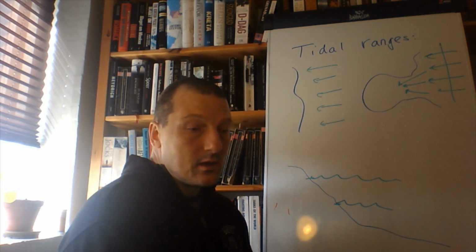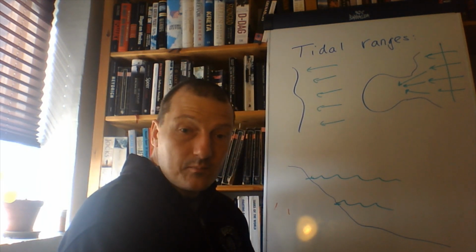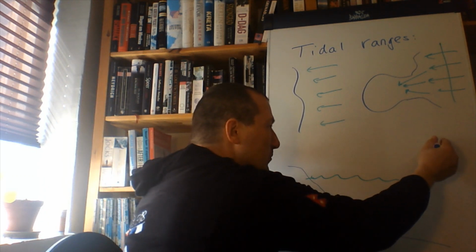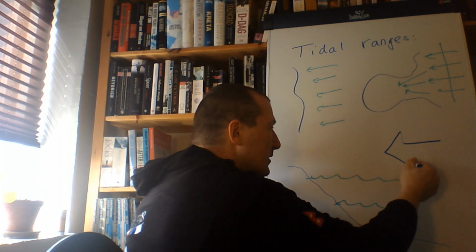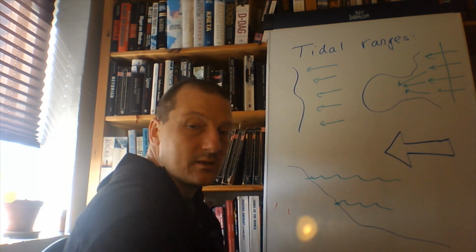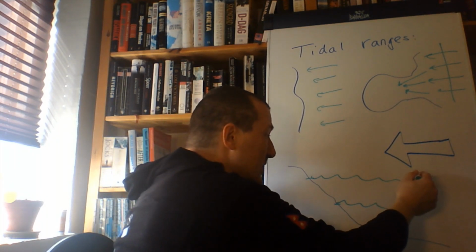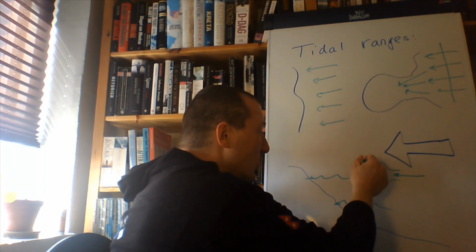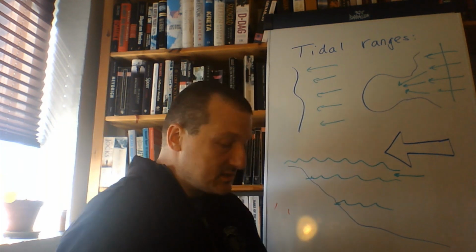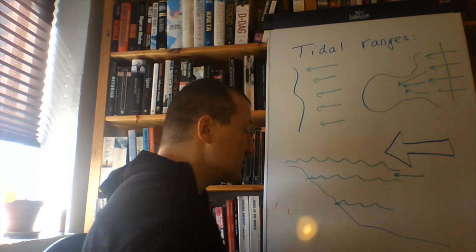During spring tide, if we at the same time have a strong wind blowing this way, the water will be pushed in, so as the tide comes in, so does more water. And in some cases, this can lead to what we call a tidal surge.